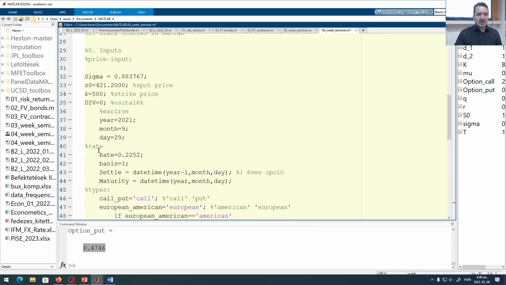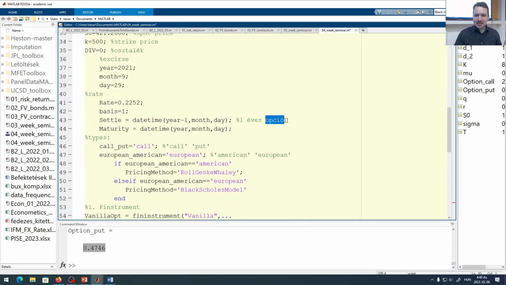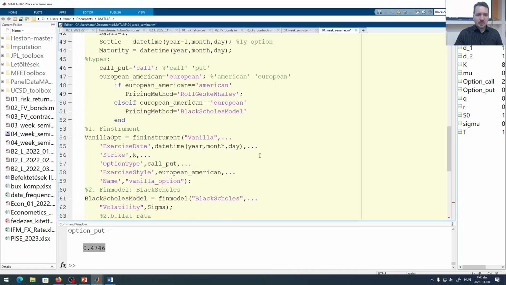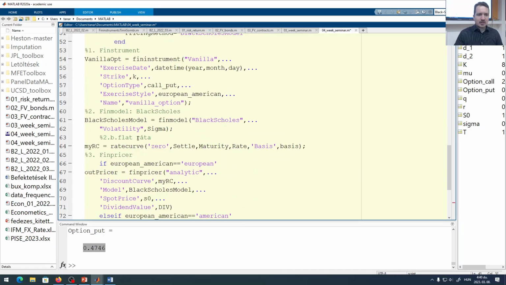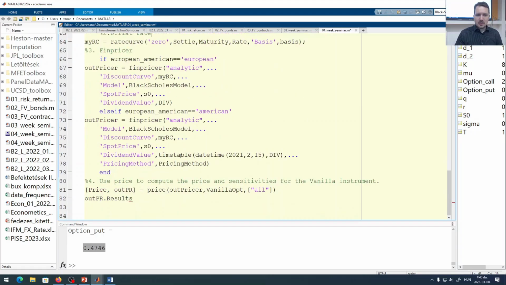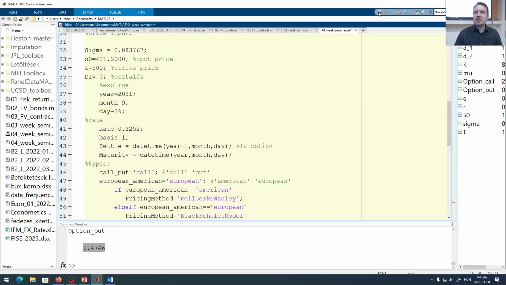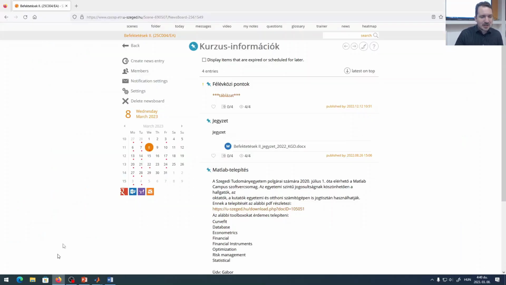So first of all, I'm checking that. Okay, I save it, upload it to CodeSpace for you, and then you can download it, and after that we can continue.